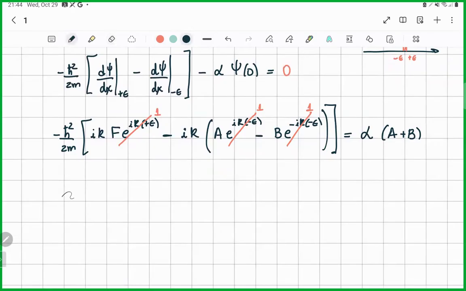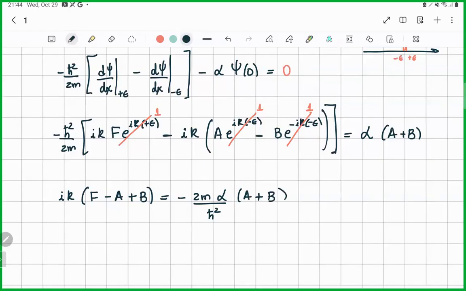Okay. So I have ik times f minus a minus with minus plus b, and I passed that 2m and everything to the right, so I have minus 2m alpha over h bar squared times a plus b.